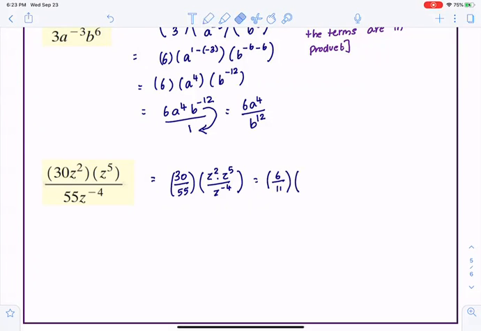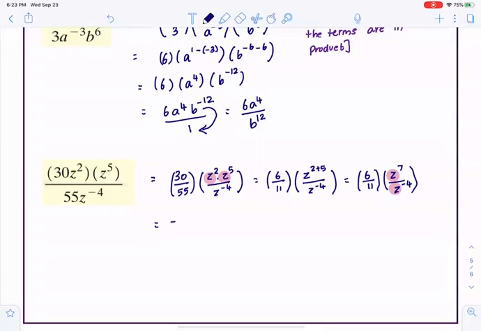The bases are identical over there, so I can combine the numerator terms, 2 plus 5, divided by z raised negative 4. The bases are identical, so I just have to subtract the powers.